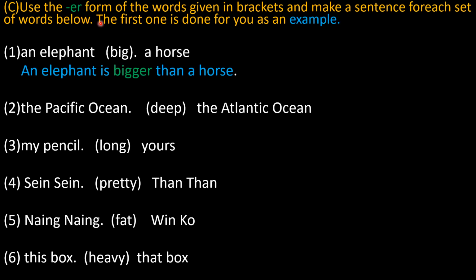Use the ER forms of the words given in brackets and make a sentence for each set of words below. The first one is done for you as an example. An elephant, big, a horse. An elephant is bigger than a horse.